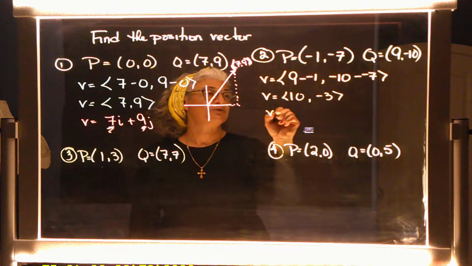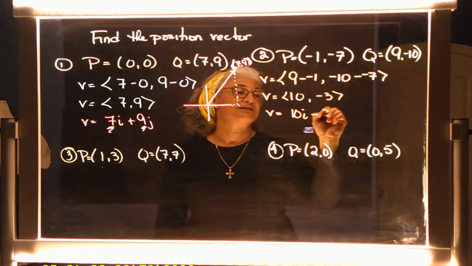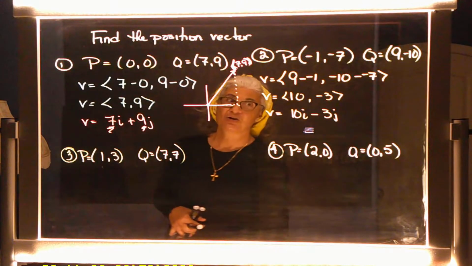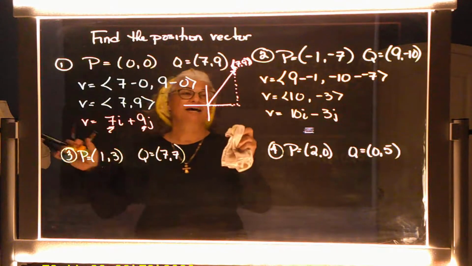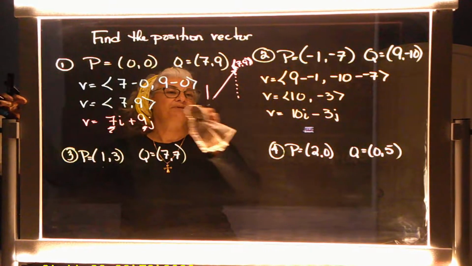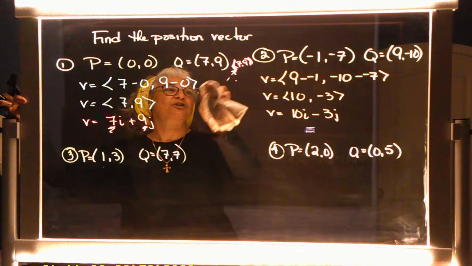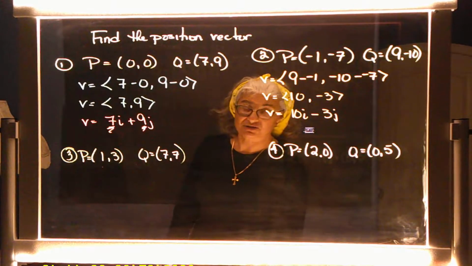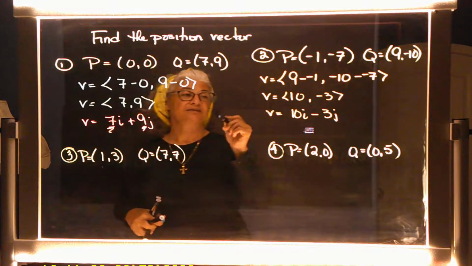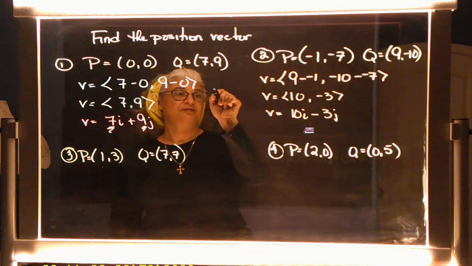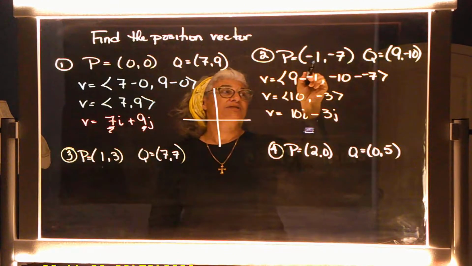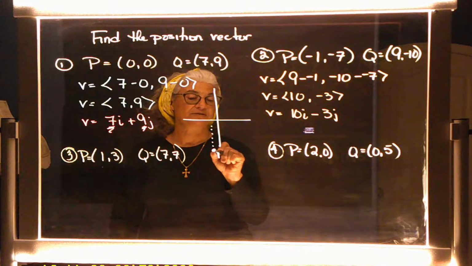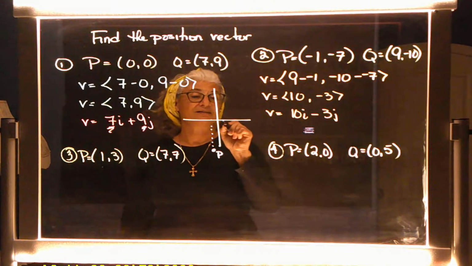Which means it also could be written as 10i minus 3j. Are y'all with me on this? Okay, so remember, that will give me my position vector. The position vector would start at the origin. Currently, on this problem, number 2, if I draw this out, we start at -1 and -7. There's the point P, 9 and -10.